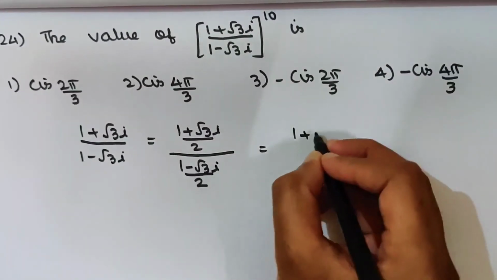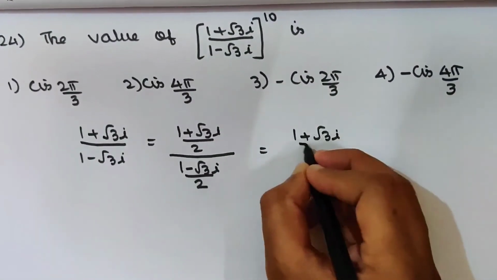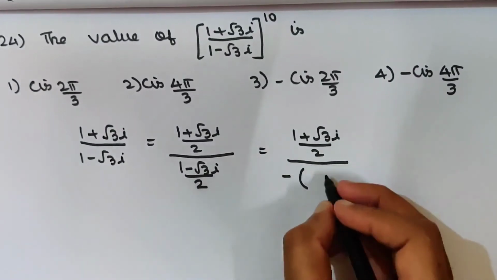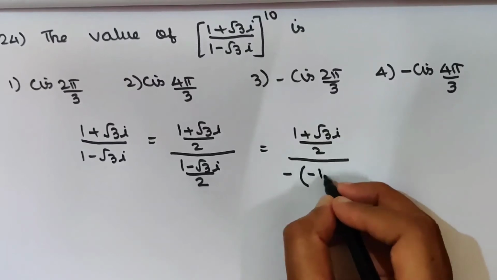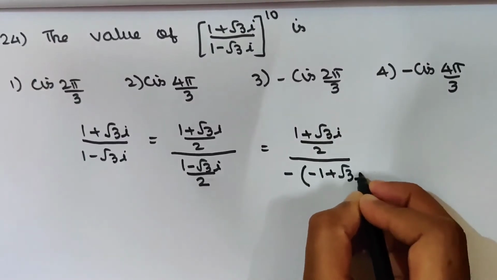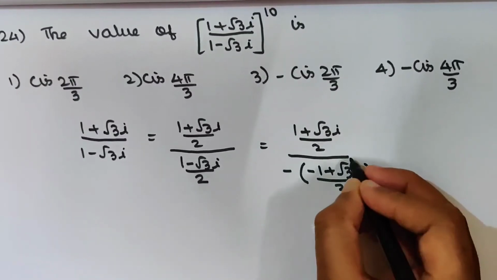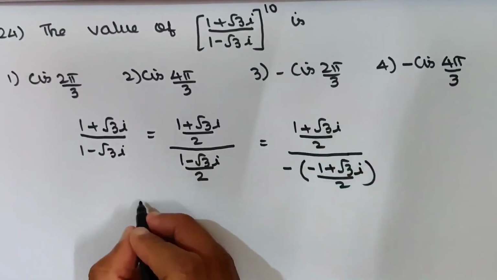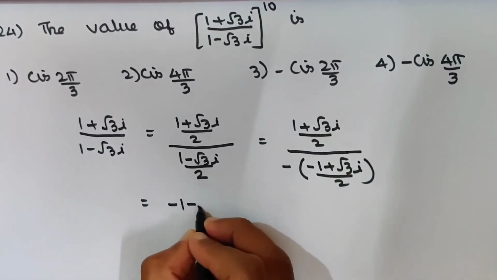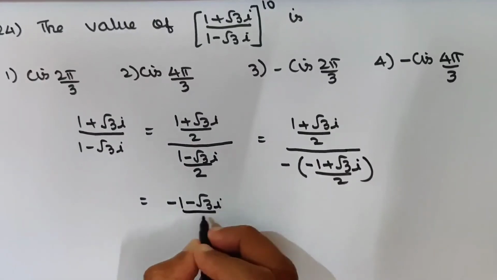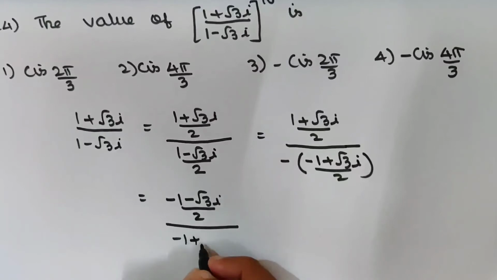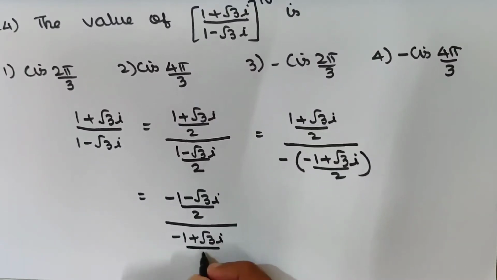So it becomes (1 plus root 3i divided by 2) divided by minus (1 plus root 3i divided by 2). Now multiply this minus with the numerator. So I'll get (minus 1 minus root 3i by 2) divided by (minus 1 plus root 3i by 2).